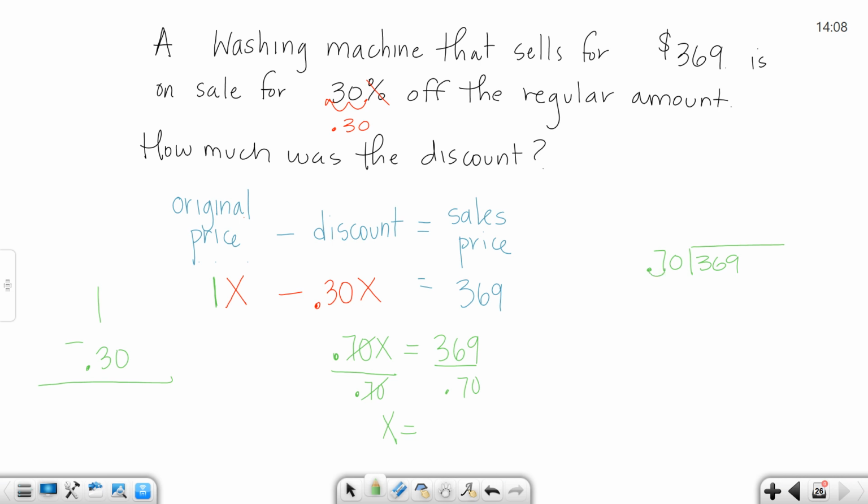If I move this over 1, 2 places, that means I have to move it 1, 2 places in the divisor, in the dividend as well. So this is 70, and it goes into 36900. Okay, so 70 doesn't go into 36, but it'll go into 369, it'll go 5 times.